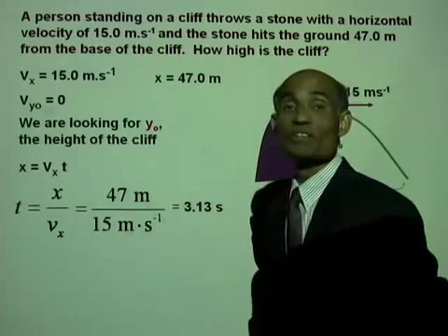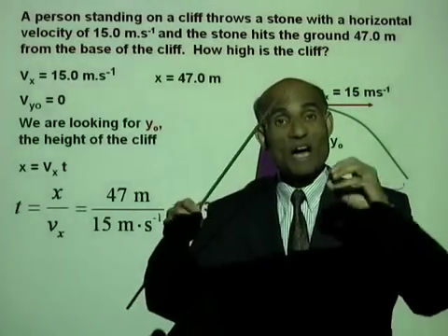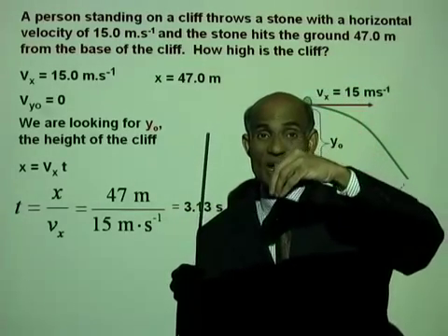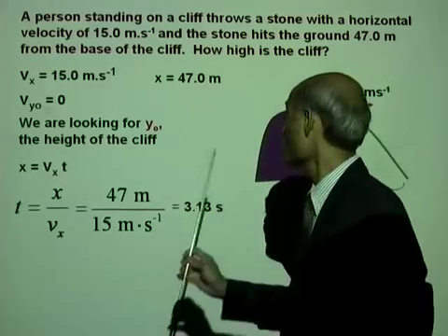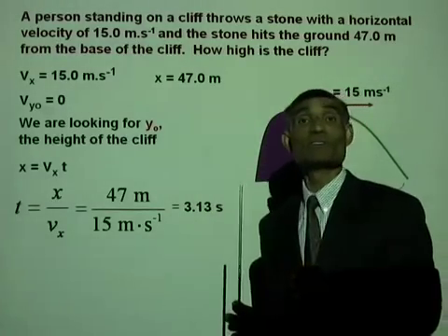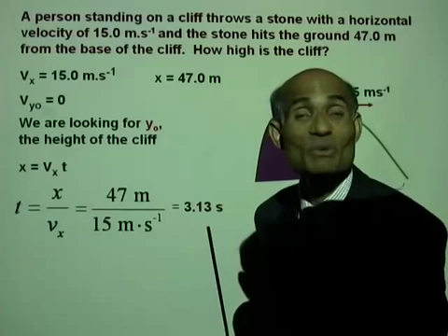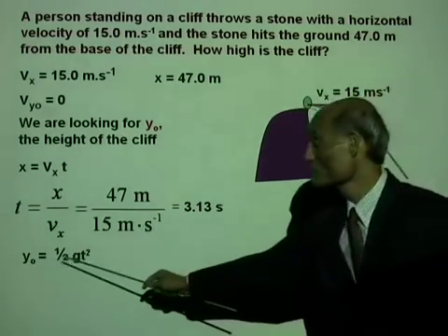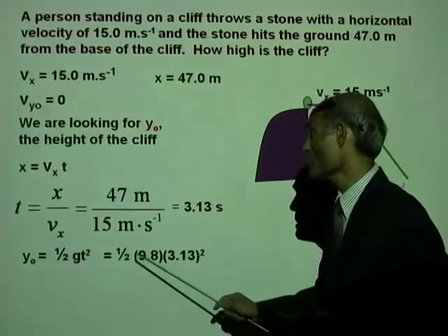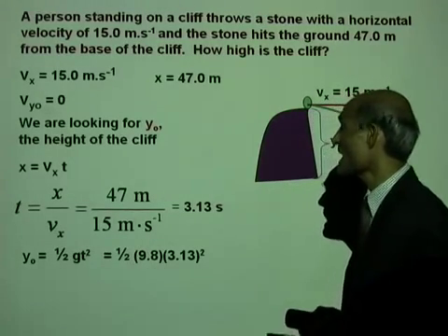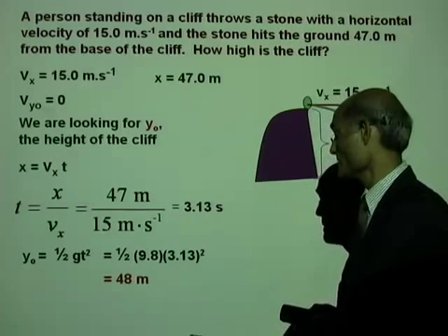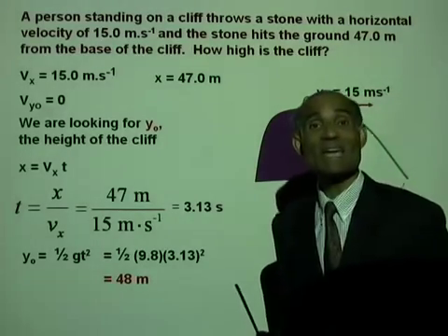Okay, if 3.13 second is the time taken to fall, can you tell me what equation we will use to calculate the vertical fall? What is y0 equal to? y0 equal to 1/2 gt squared. We used this before. So that will be 1/2 times 9.8 times 3.13 squared. And that is 48 meter.